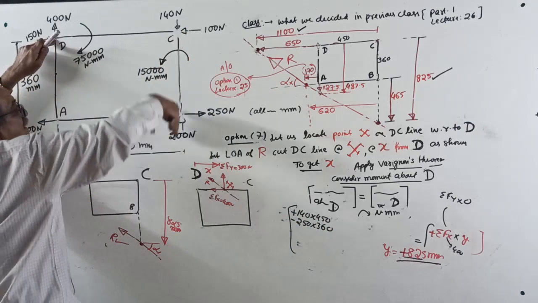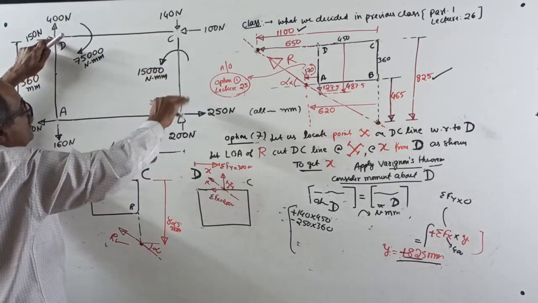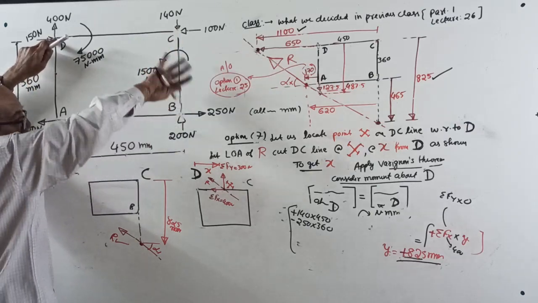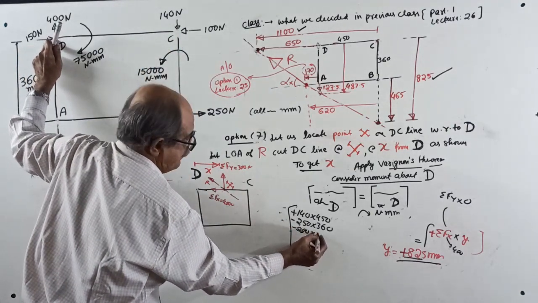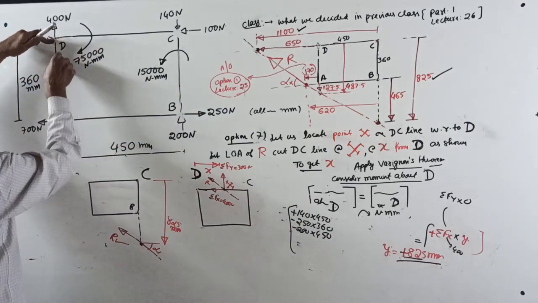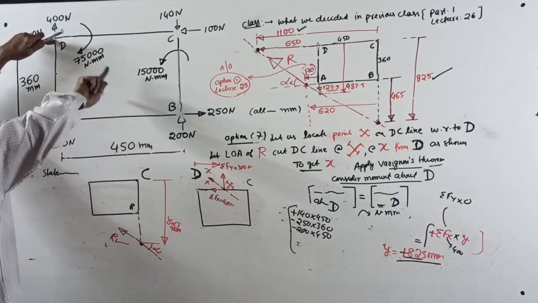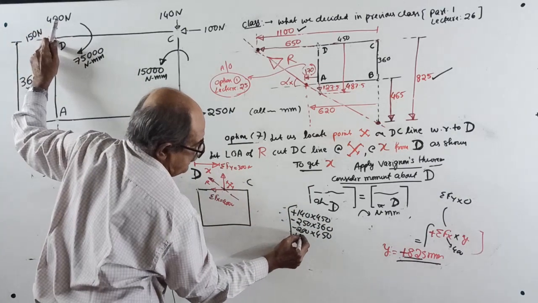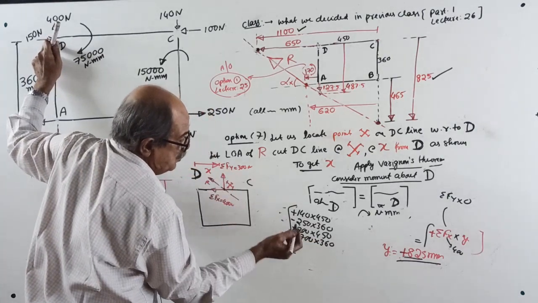This is also anti-clockwise. 200 into 450 anti-clockwise, minus 200 into 450. Then 160 into 0, you write. 700 into 360 clockwise, plus 700 into 360. 0 I told, but you write.